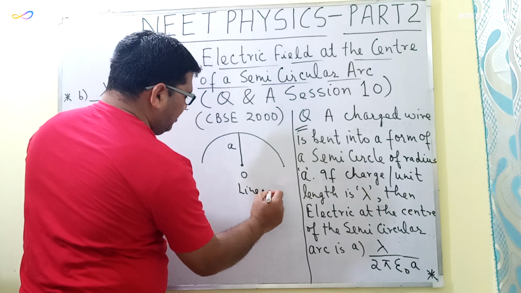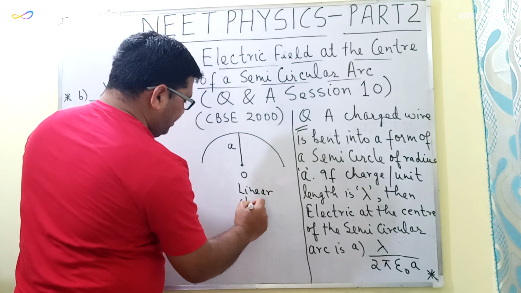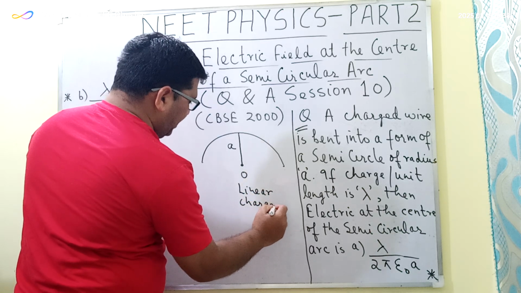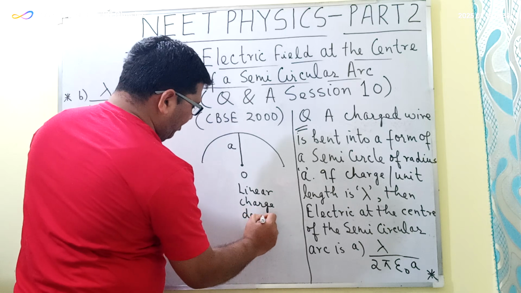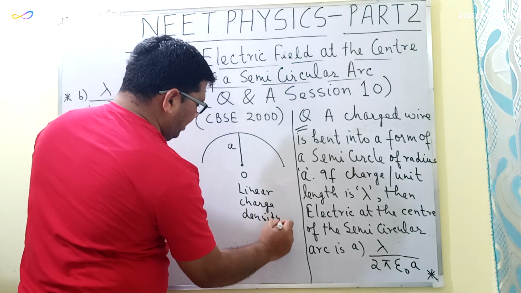The linear charge density is given to us, that is equal to lambda.